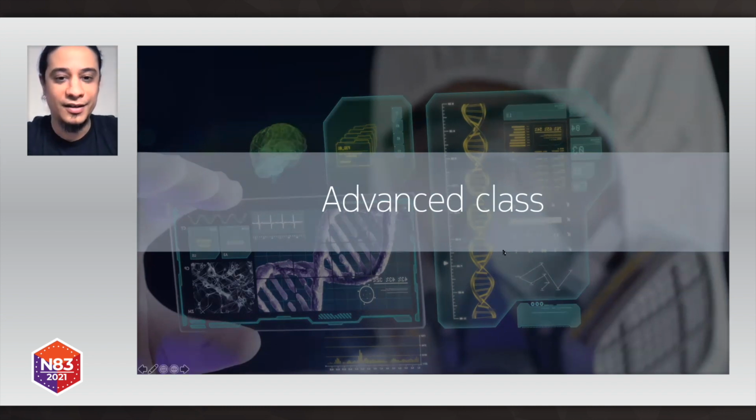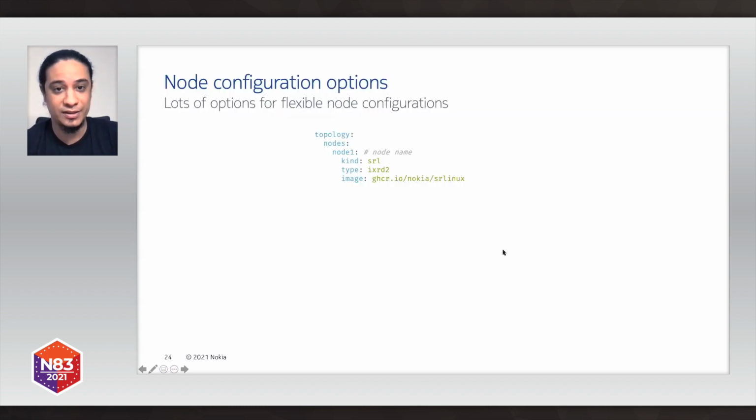Hi. Okay, so today I'll take you through a short demo of Containerlab, a little bit more advanced, using some of Containerlab's more advanced configuration fields. So far you've seen some of the basic commands that you can set under a node in your topology file, such as kind, type, or the image.